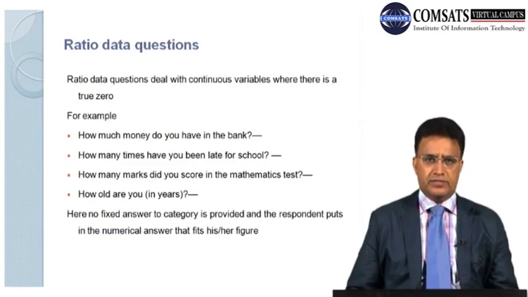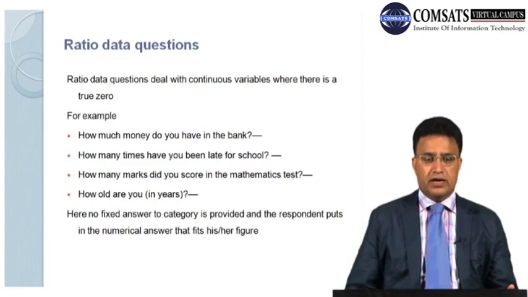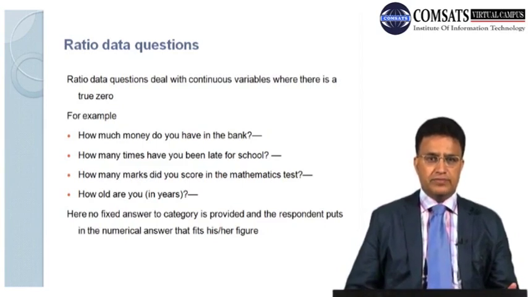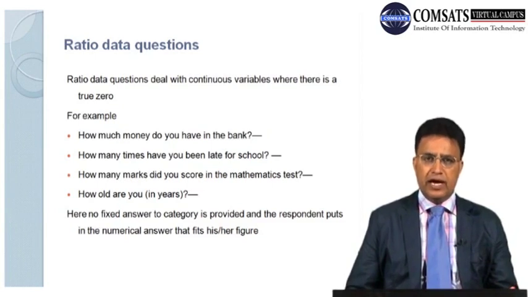In other question types, there wasn't any true zero. And the examples of ratio type questions could be, how much money do you have in the bank? And of course it could be from 0 to infinity.